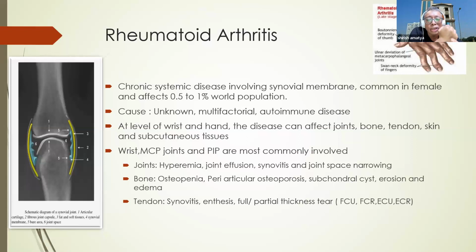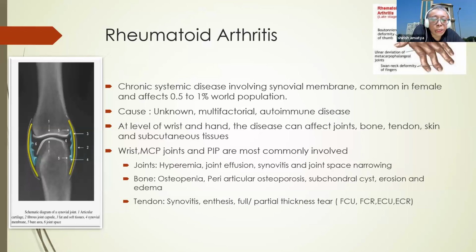In the wrist as well as in the metacarpal, in the hand, rheumatoid arthritis mainly affects the wrist, metacarpophalangeal joints, and the proximal interphalangeal joints are more affected. And if you see in the joint, there can be joint effusion, there can be hyperemia in the joint, or features of synovitis, or joint space narrowing can be easily seen. Similarly, in the bone, there can be osteopenia, periarticular osteoporosis can also happen, subchondral cyst can be visualized in X-ray.